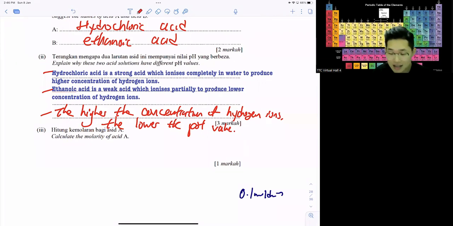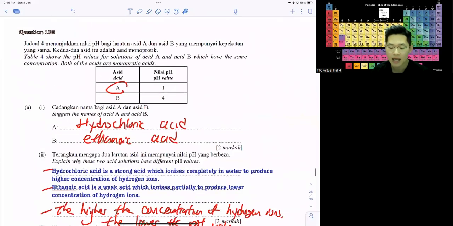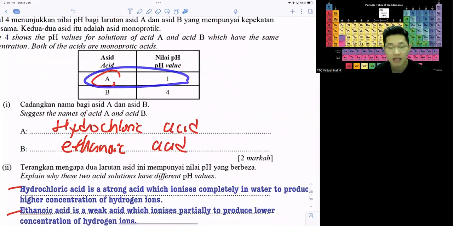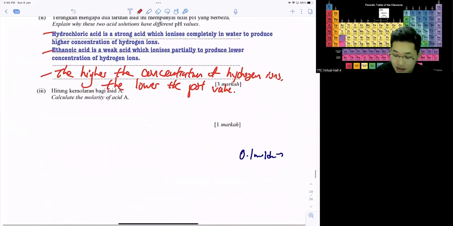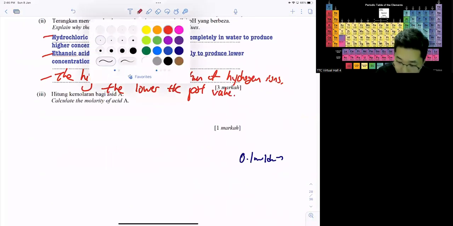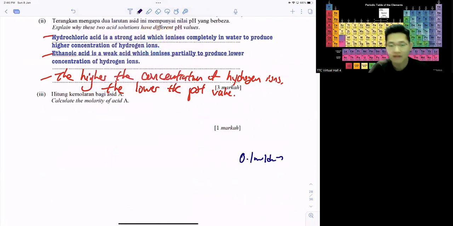And then calculate the molarity of acid A. Acid A, pH 1, right? From the question just now, from pH you want to find back the concentration.